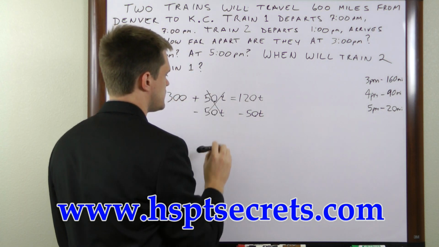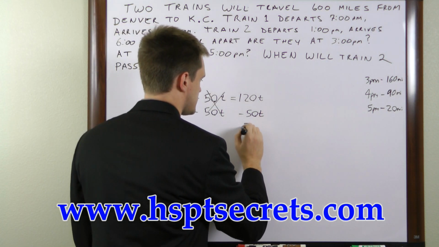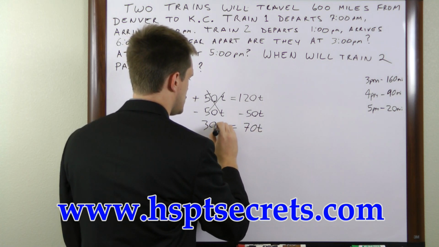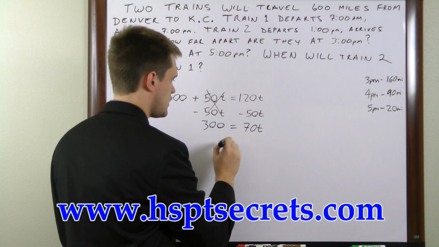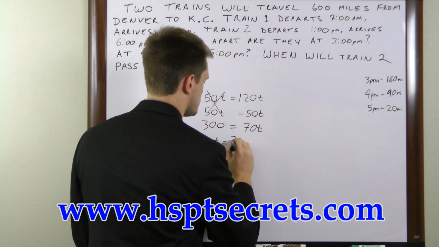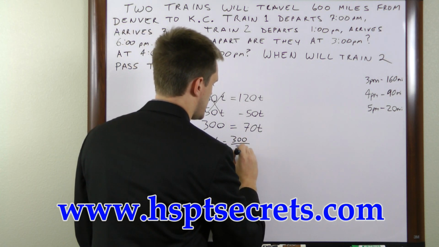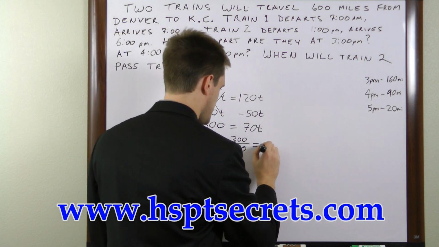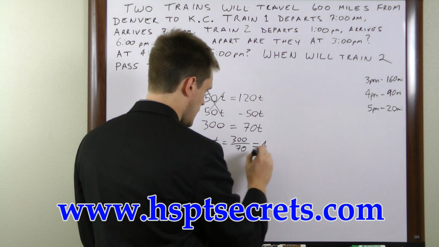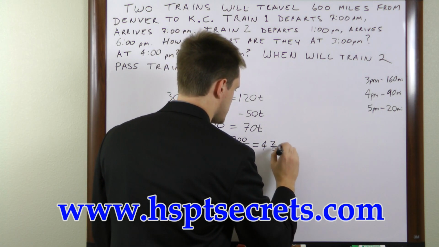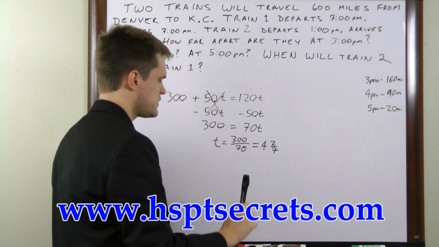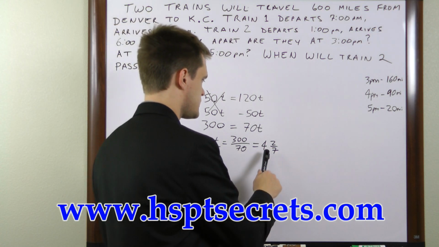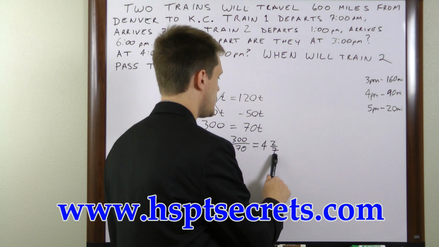That'll eliminate this 50t, and that'll give us 70t on this side. So we can say that 300 equals 70t, or t equals 300 divided by 70, which is the same as 4 and 2/7. Now 2/7 of an hour is about 17 minutes. So this is about 4 hours and 17 minutes.